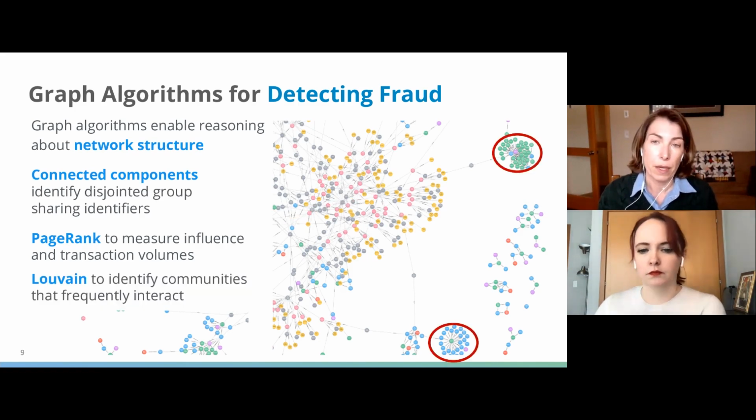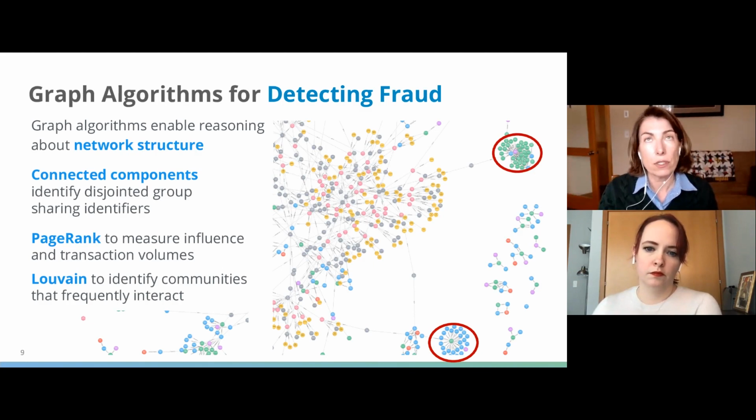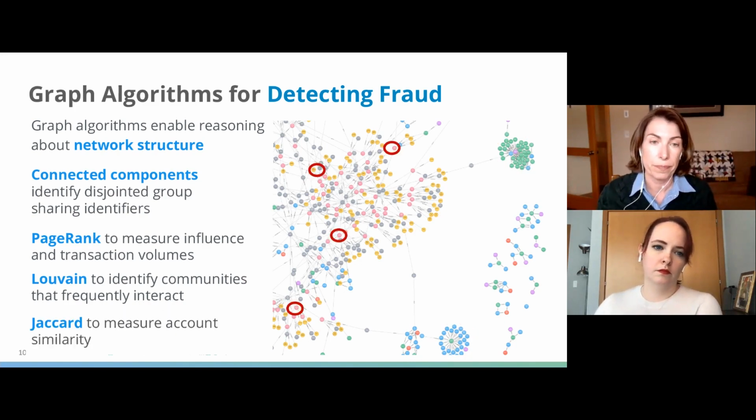Louvain, a community detection algorithm, is looking at communities, in this case, that have a lot of frequent interactions, more frequent with each other than outside of the group. That may be indicative of fraud or something you want to look farther into. Another simple algorithm is Jaccard similarity, node similarity, where we're looking at similar accounts.